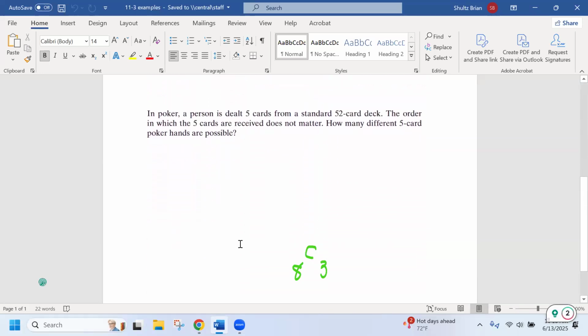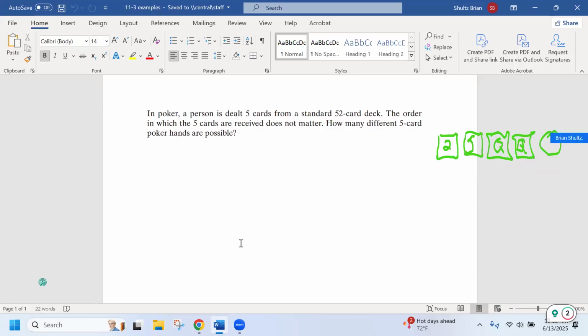In a poker game, a person is dealt 5 cards from a standard 52 card deck. The order in which the 5 cards are received does not matter. How many different 5-card poker hands are there? Okay, let's just take, for example, this poker hand that maybe has a 2, 5, queen, queen, and 8.